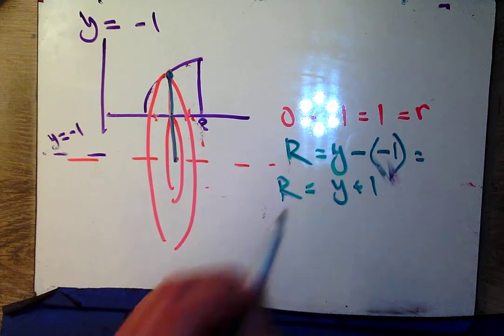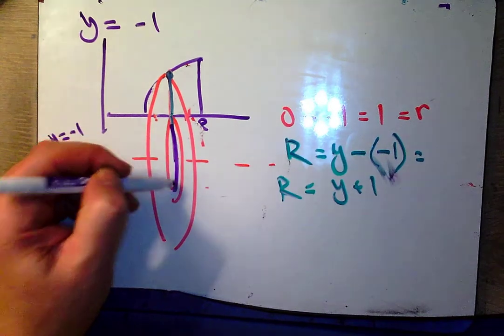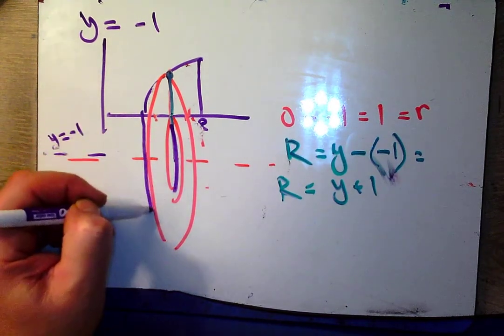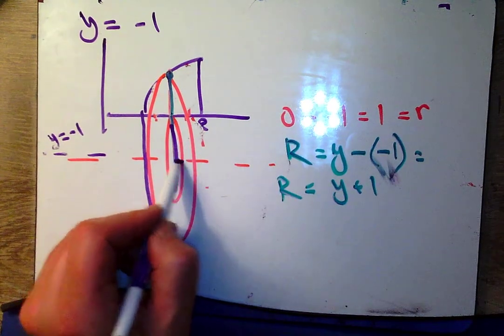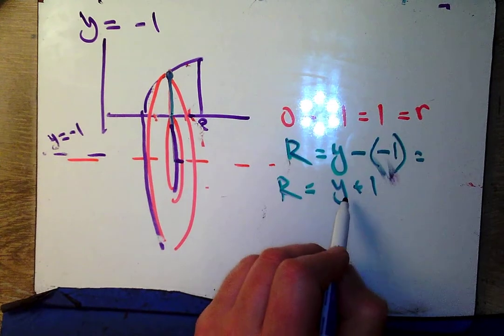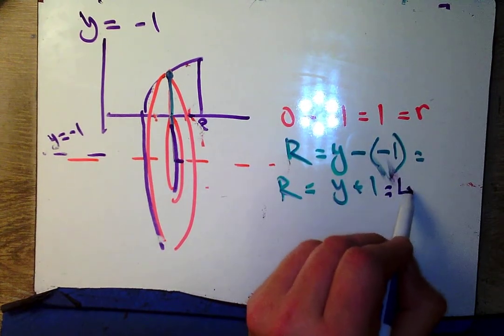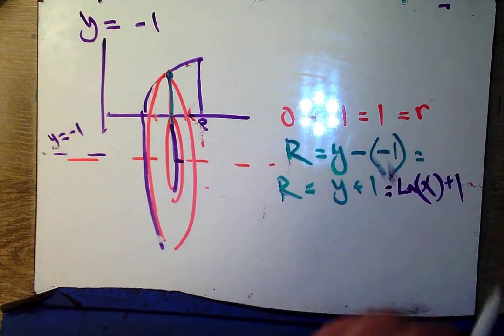Is this a dx or a dy integral? Well, the thickness of this is horizontal. We're going to be measuring this on the x-axis. So I have to get rid of that y and replace it with some x stuff, and that plus 1.